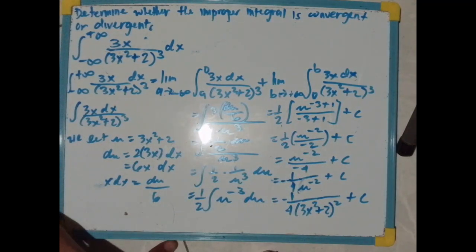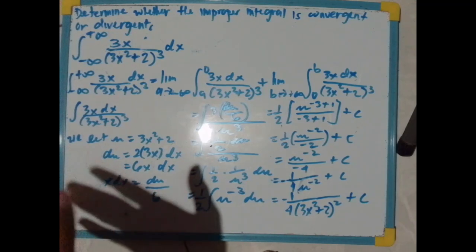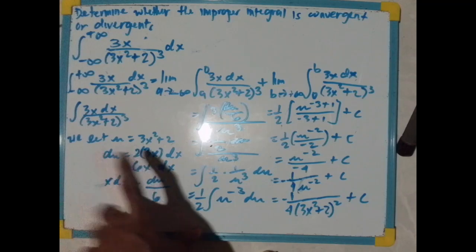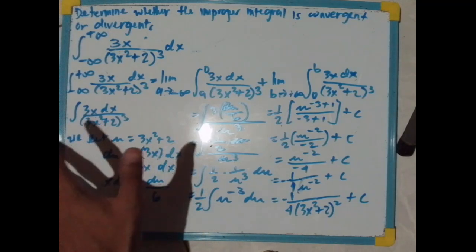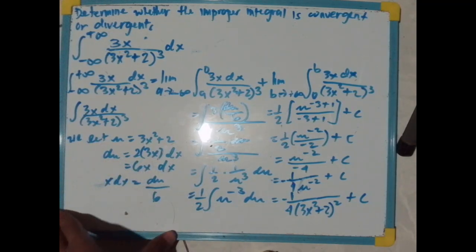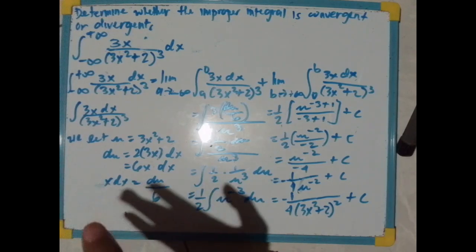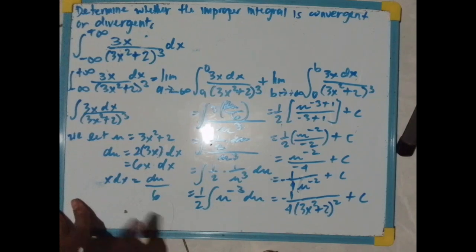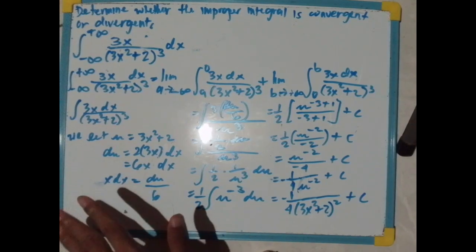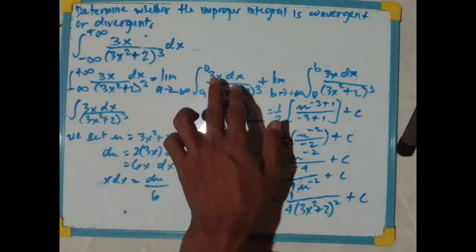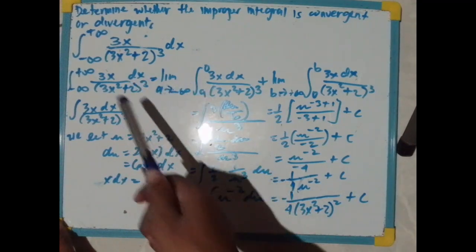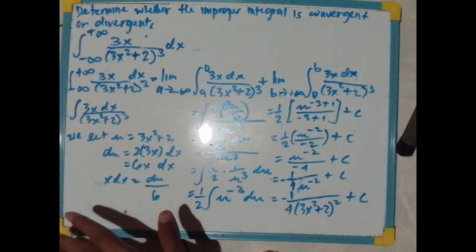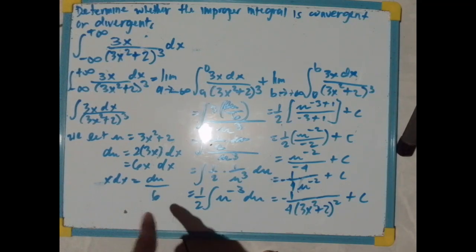To find the integral of this, we can use u substitution. So we let u equal 3x squared plus 2, because that is our inner function. Now the derivative of u is 6x dx. Now we can use the value of x dx, since we can see here we have x dx. So x dx is du over 6.